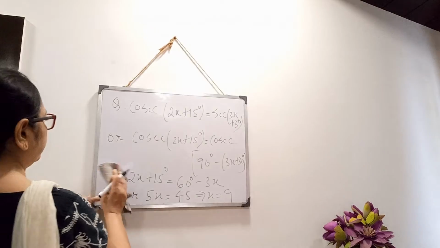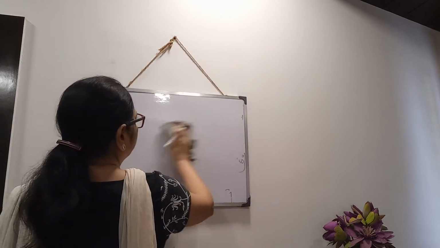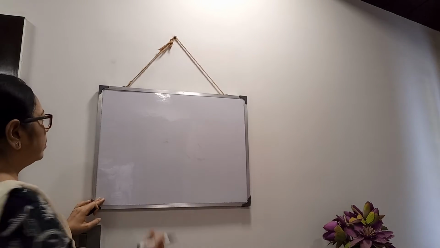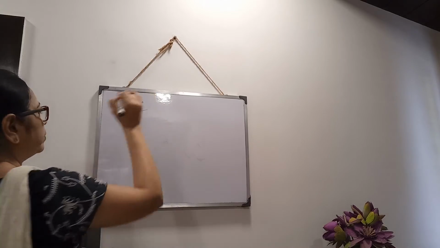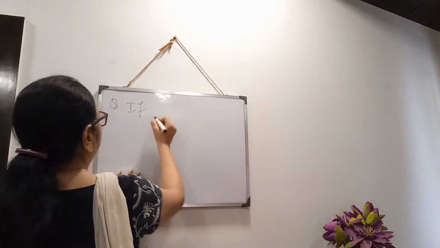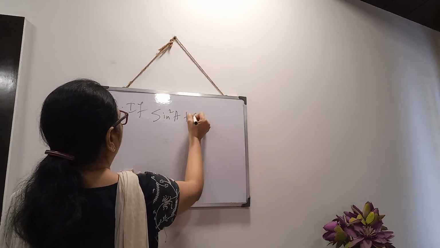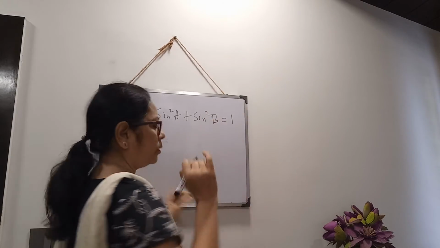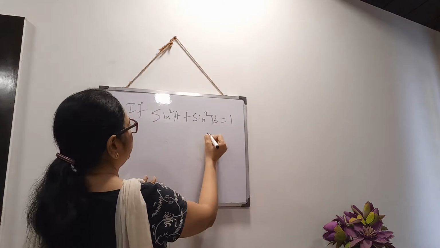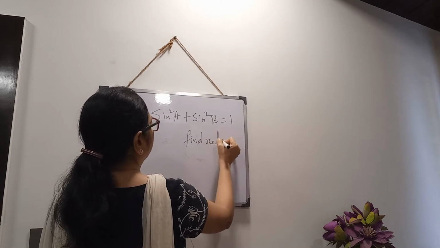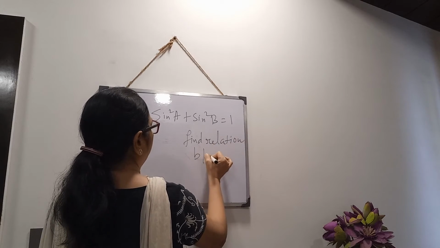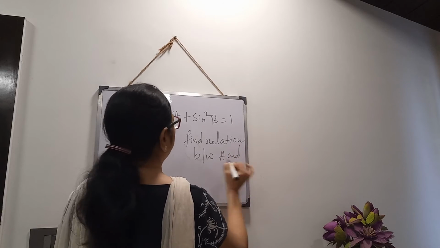Now if the sum is of this type, if sin square A plus sin square B equals 1, then find the relation between A and B. Clear?